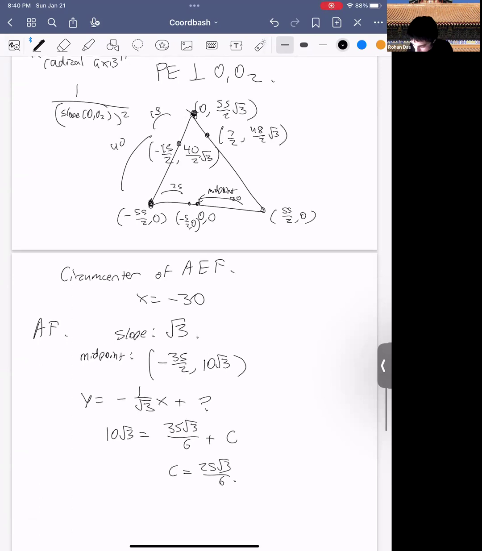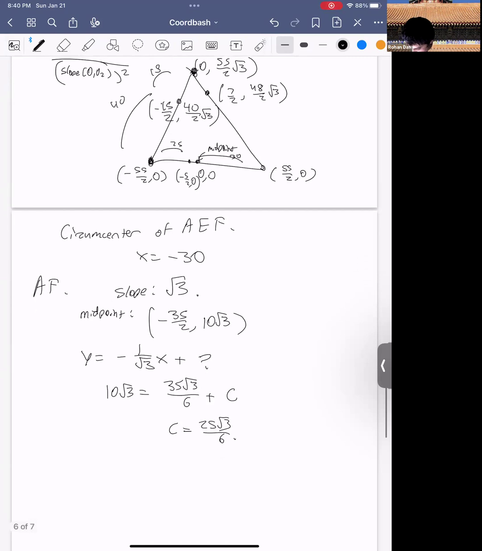Now, intersecting this with line AE, and this is one of the benefits of A and E being both on the x-axis, we have that x equals negative 30, so y equals 30 over root 3 plus 25 root 3 over 6. And since this only has one square root in it, we can calculate it as 10 root 3 plus 25 root 3 over 6 equals 85 root 3 over 6.